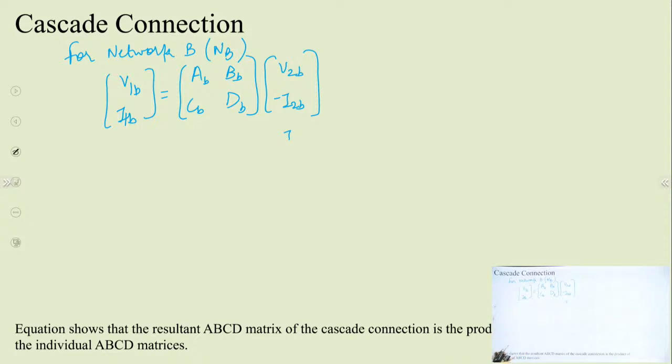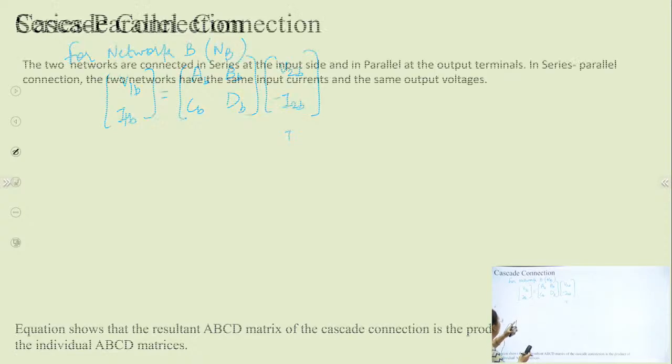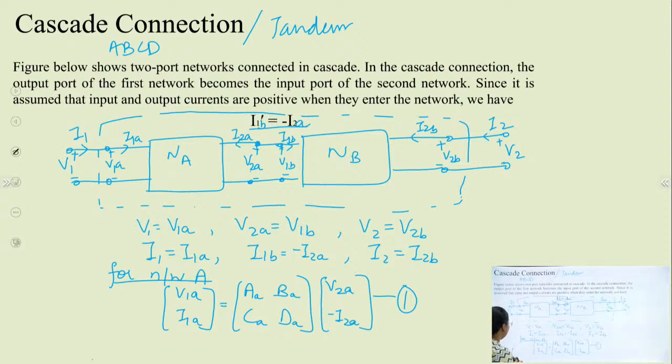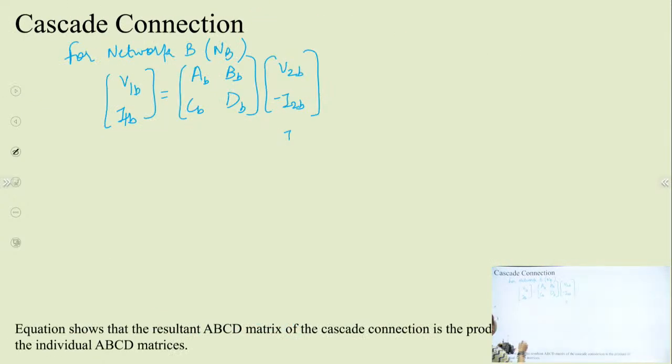ये हमने equations लिखी. Now you can see here the value of this V2A is equal to V1B and the value of this minus I2A will be equal to I1B, ठीक है. तो इस मैट्रिक्स 1 में हमें ये V1B और ये I1B हमारे पास यहाँ है. इन द नेक्स्ट केस, ये जो मैंने नेटवर्क B के लिए इक्वेशन लिखी है, यहाँ V1B और I1B की पूरी वैल्यूज मेरे पास अवेलेबल है, ओके. सो आई विल पुट द वैल्यू ऑफ दिस मैट्रिक्स 2 इन मैट्रिक्स 1, ओके.